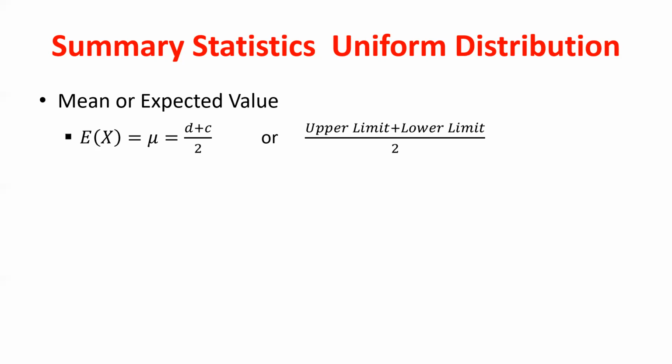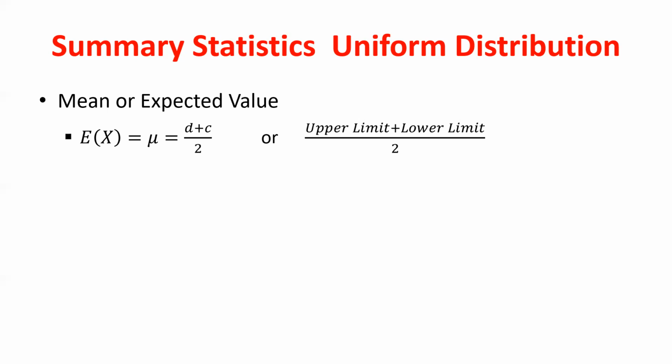I think I have it written a little differently on the slides, but you're just adding up the min and the max and dividing by 2. You're looking for that middle value. What ends up being true about the uniform is that the mean is also equal to the median. It's a symmetric distribution. If I split this distribution exactly in half, it would fold on top of itself. So I can find the mean pretty easily.